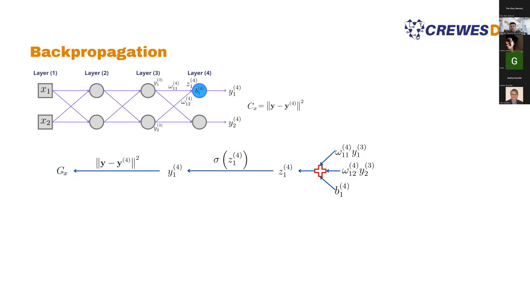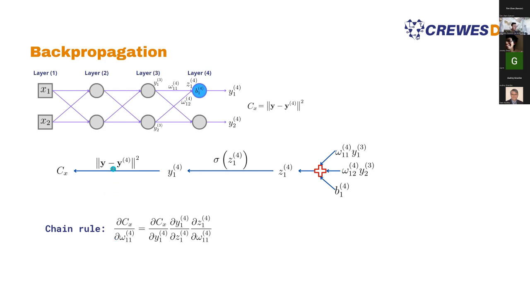And that's the part where you're going to be using the chain rule. We want to take the derivative of the cost function relative to those weights, because we want to optimize for those weights. Now let's take the example and try to optimize for this specific weight here. Let's see all the equations that are going to come from this. We're going to have this chain rule now. To optimize this weight here, we have to calculate the derivative of the cost function relative to this weight.